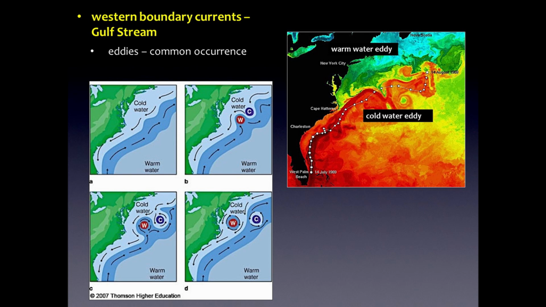The meanders might connect to eddies that are already pre-existing within the water itself and basically trap cold or warm water in the centers. Cold water eddies form in the Gulf Stream for this example. Warm water eddies will form to the north of the Gulf Stream. Basically what happens is the warmer water will kind of loop out of this disruption and encircle that eddy. We get clockwise movement of warm water and counterclockwise movement of cold water.